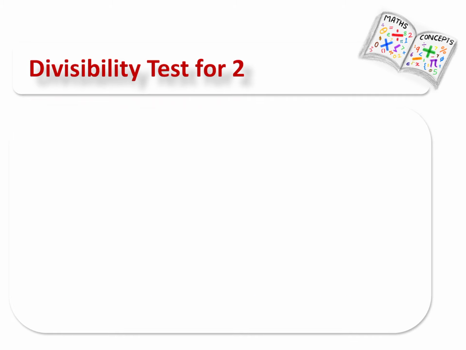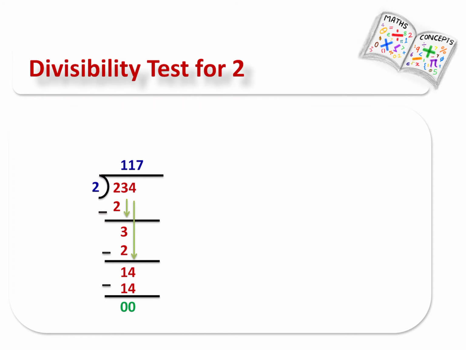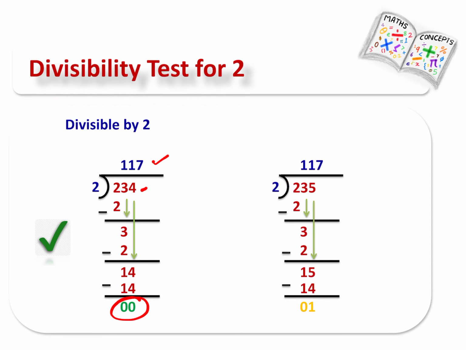Now let's perform actual division just for our understanding and for validating our divisibility test. Here I have taken one example, 234. It ends with 4 and it should be divisible by 2. We can see that quotient is 117 and remainder is 0, which means this number is divisible by 2. Okay, another example is 235.